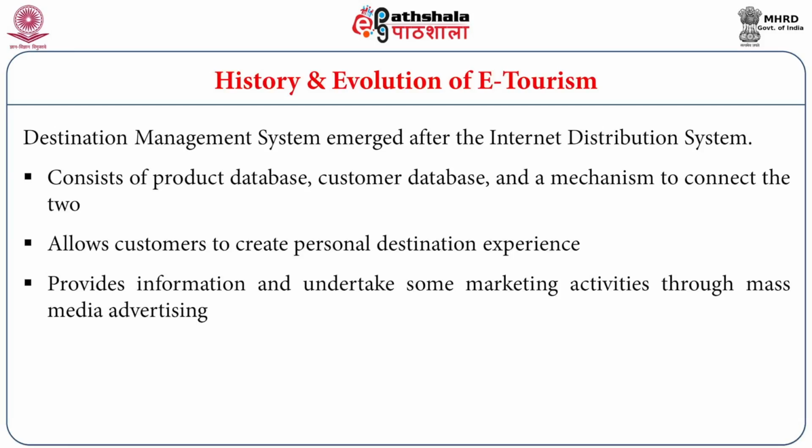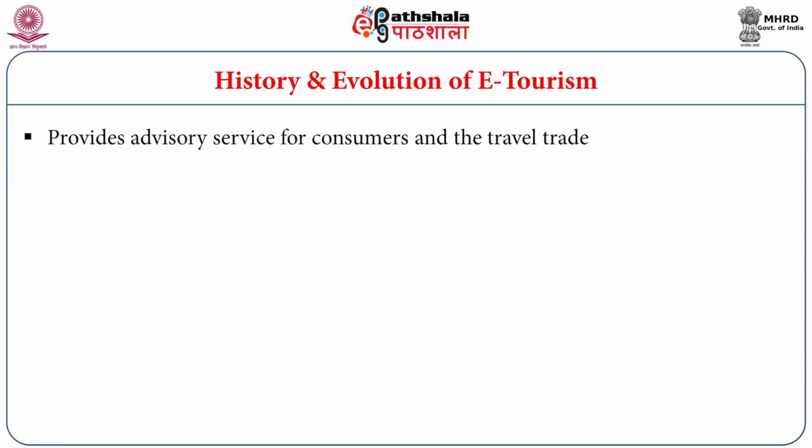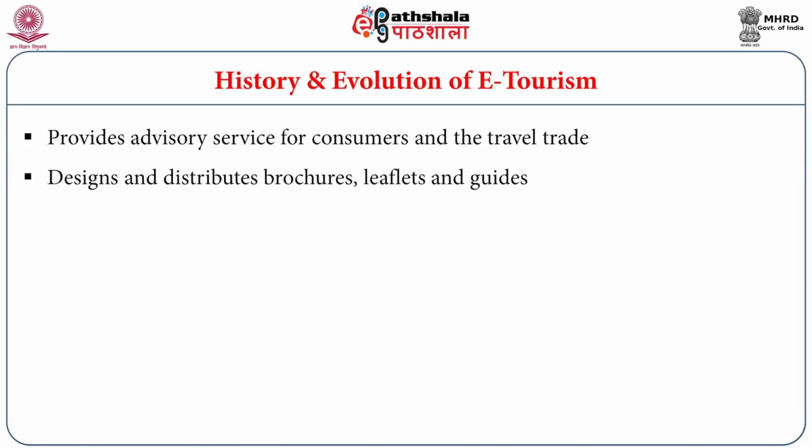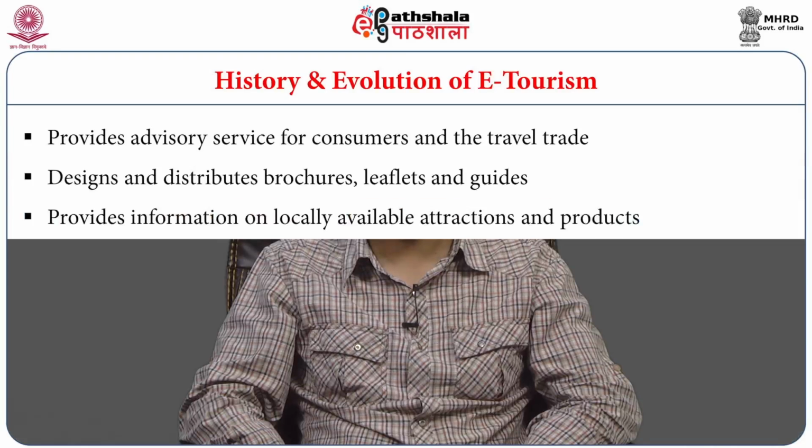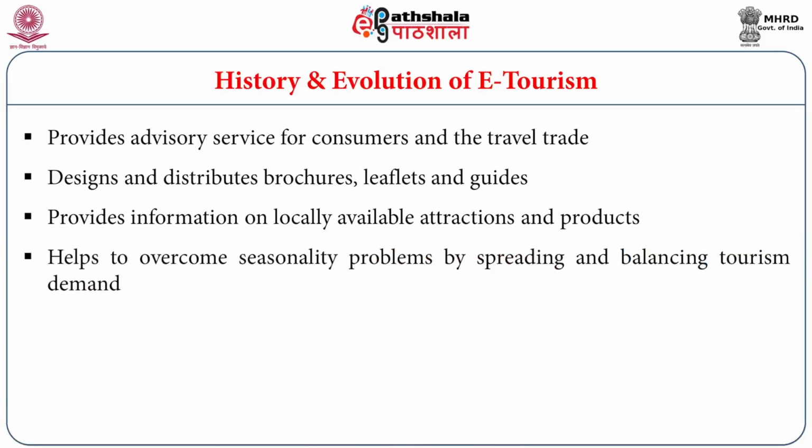It provides information and undertakes some marketing activities through mass media and advertising. Provides advisory service for customers and the travel trade. Designs and distributes brochures, leaflets, and guides as well. Provides information on locally available attractions and products. Helps to overcome seasonality problems by spreading and balancing tourism demand.